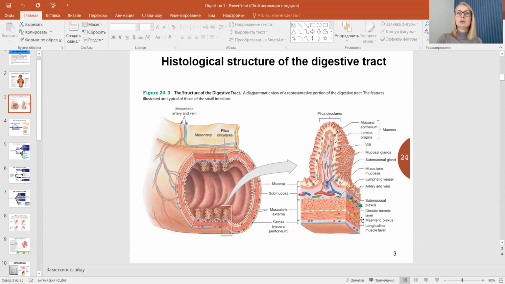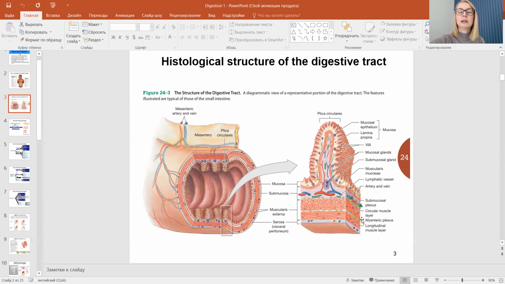The myenteric plexus is much more extensive than the submucosal plexus and controls the motility or movement of the intestinal tract. Together, the nerve plexuses of the submucosa and muscularis compose the enteric plexus, relating to the intestine.